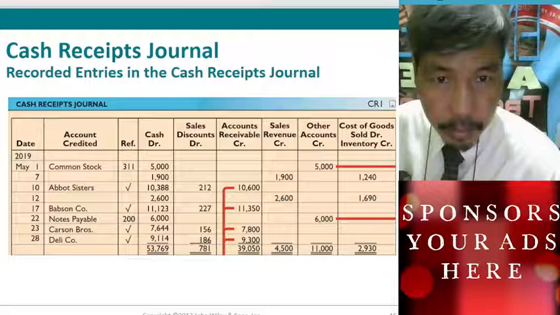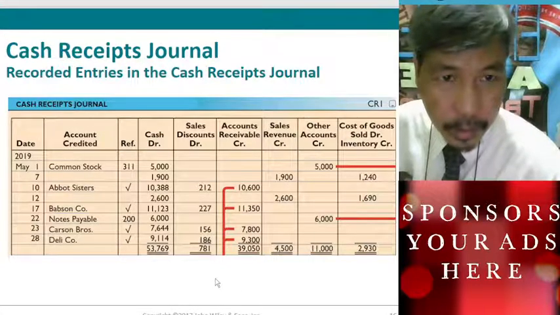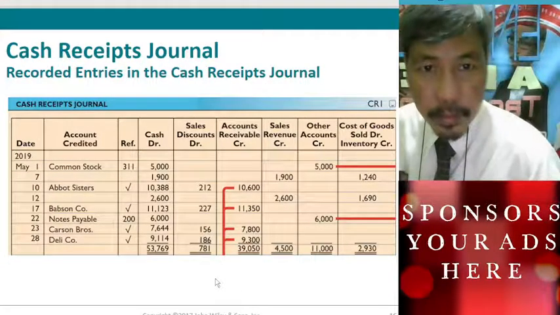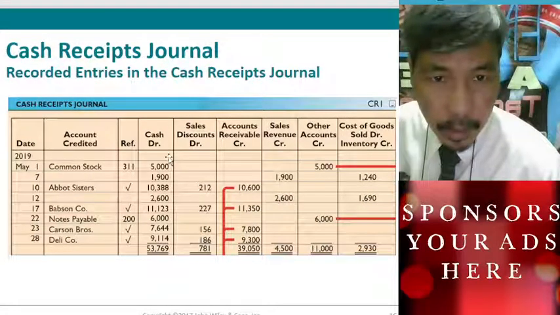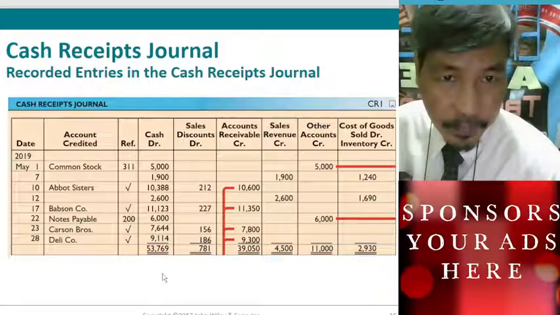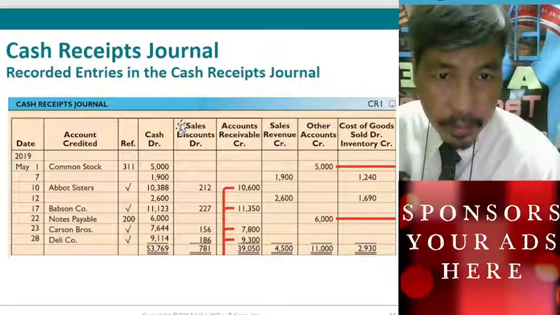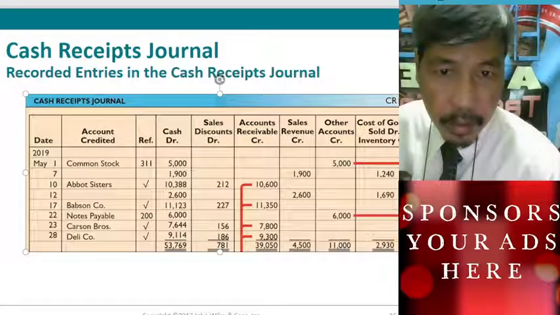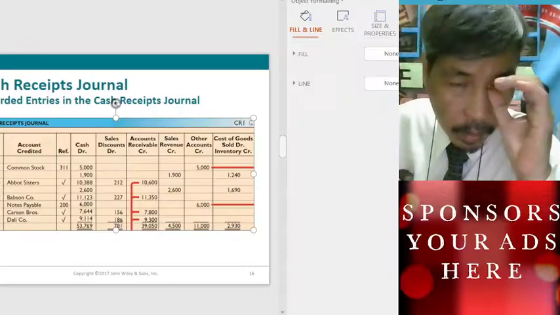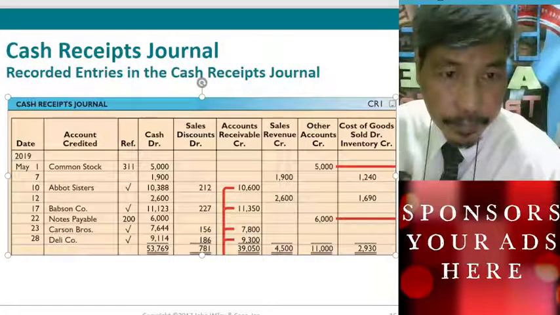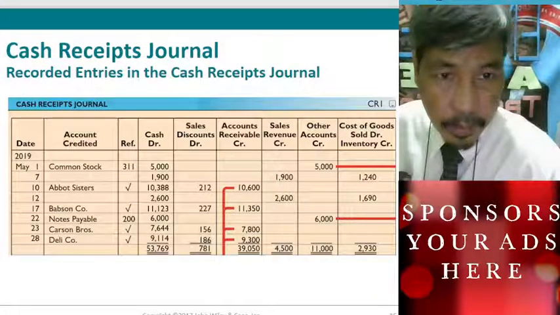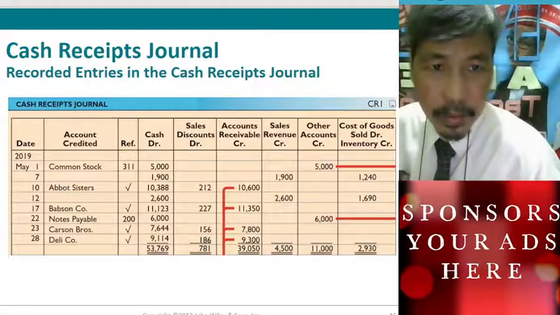There are several cash transactions there in the cash receipts journal, so several cash debits here. Then sales discounts, accounts receivable, sales revenue, other accounts, cost of goods sold, inventory.